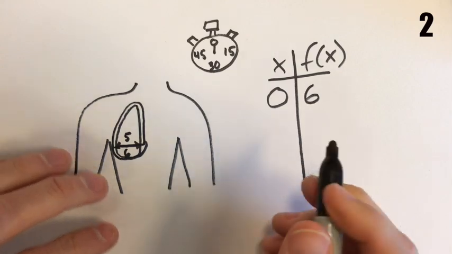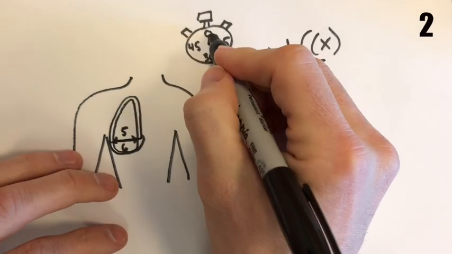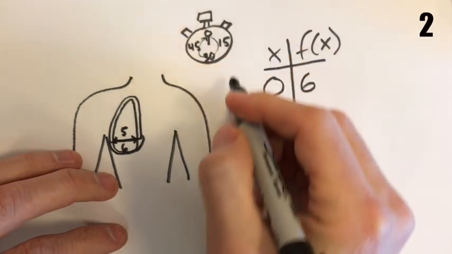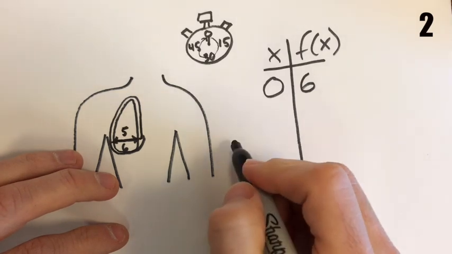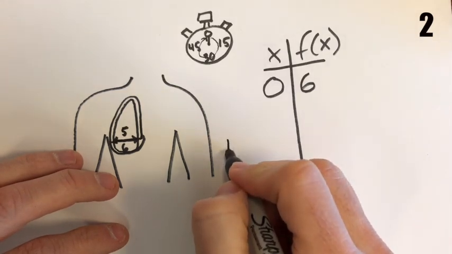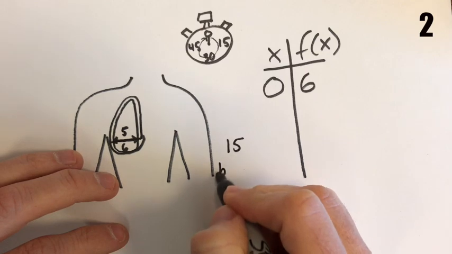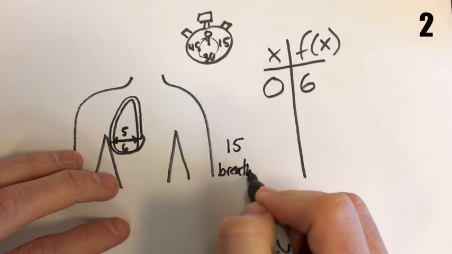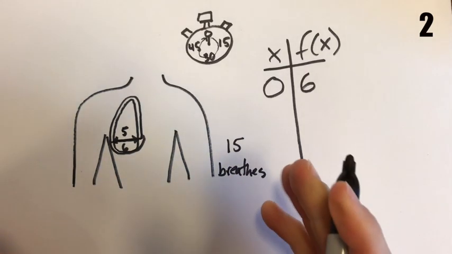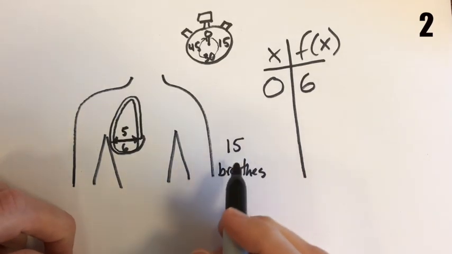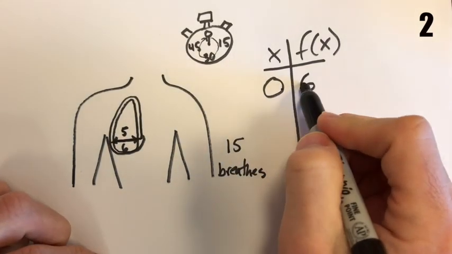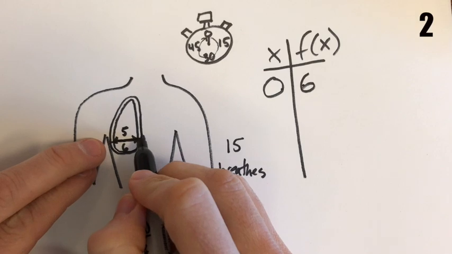We also know that we timed this person over a minute, and they took 15 breaths in that 1 minute. Assuming this rate of breathing continues, when we started the timer, it was at its widest, 6.